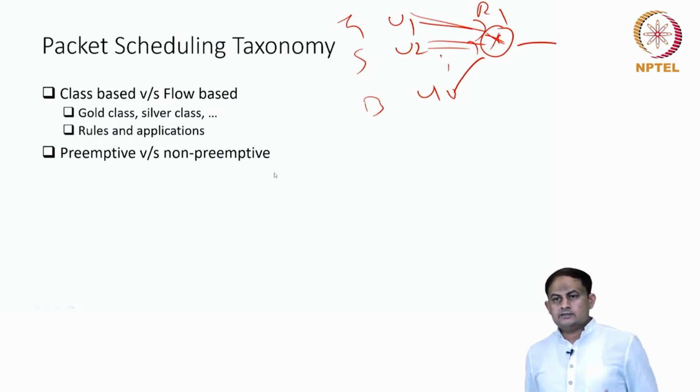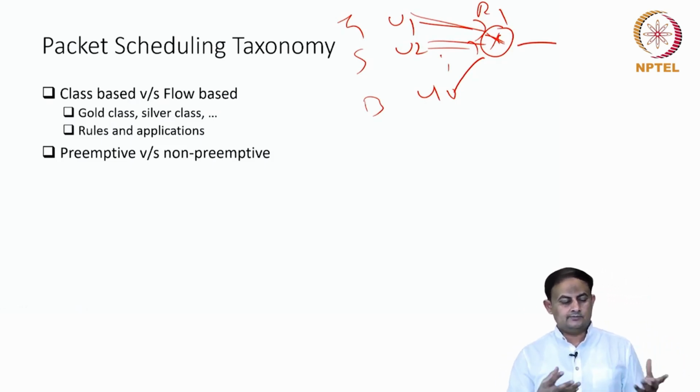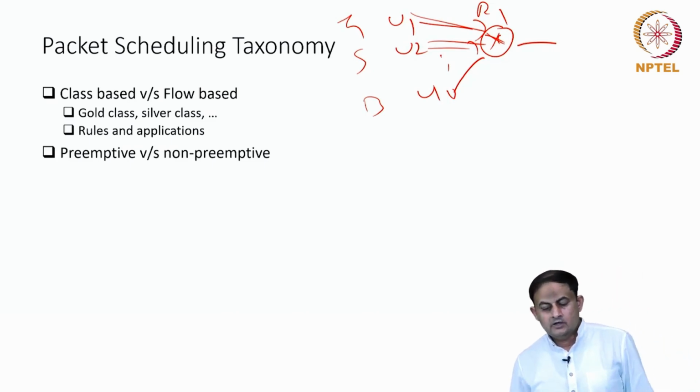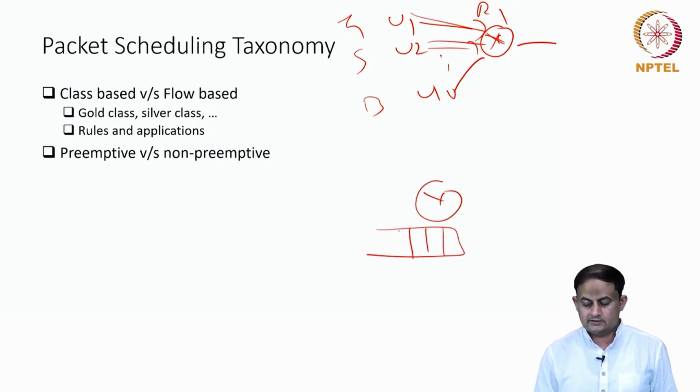And the second classification of the algorithms or mechanisms is the preemptive and the non-preemptive scheduling mechanism. If you can recollect our earlier discussion, a router has a queue and the packets are arriving and they are put inside this queue.